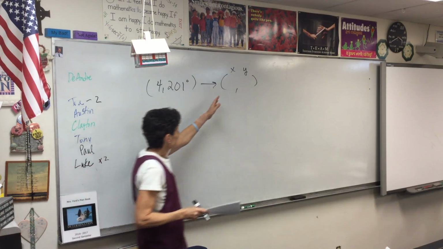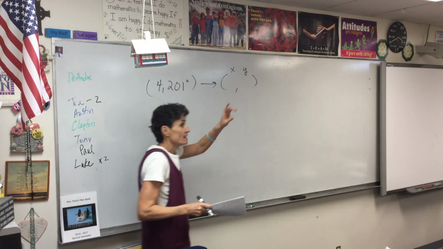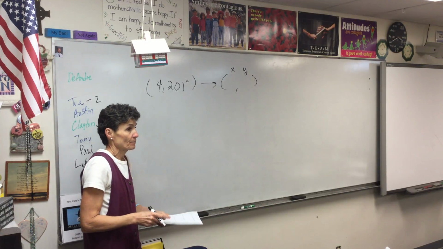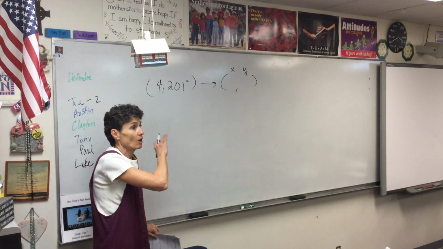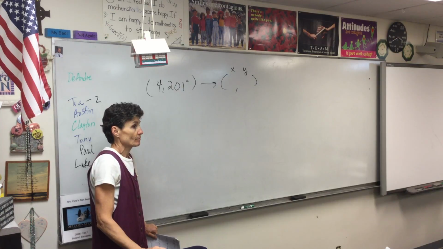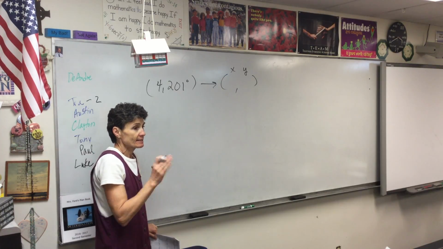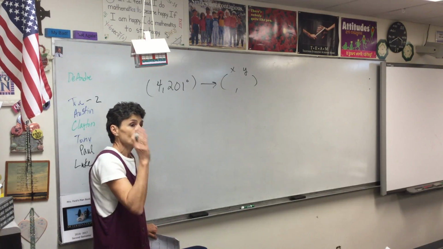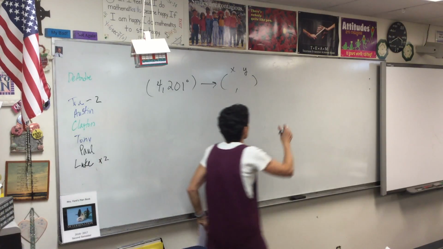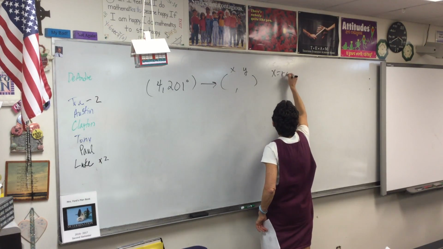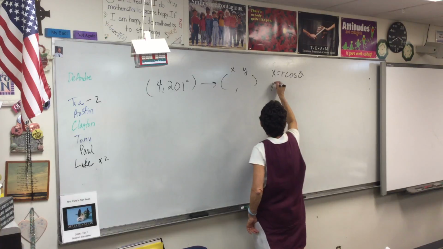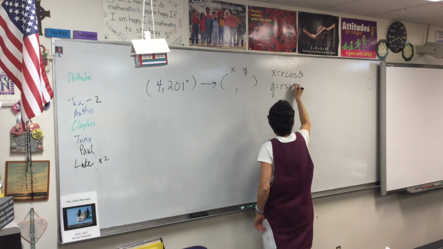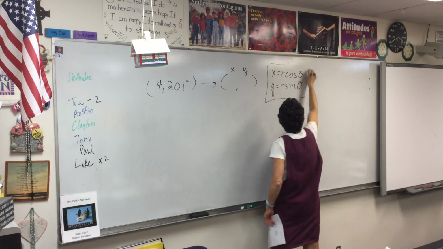So I am going to find an x and a y. Now we talked about this. What does x always equal? Well, x equals r cosine theta. Write that down, memorize it, go ahead and do y while you're at it. You have got to remember this.